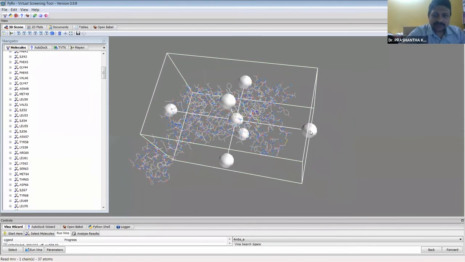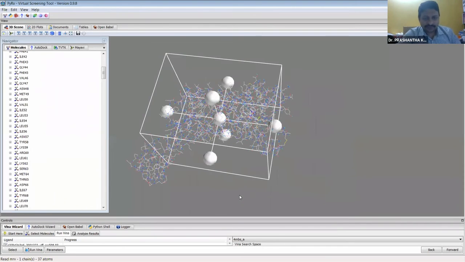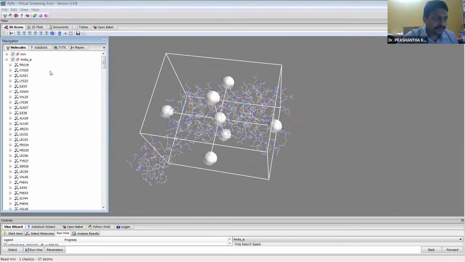Anyone? Other hydrophobic residues? I have it here, but I just want to know who is working, listening or making a note. Otherwise, I have that window right away.